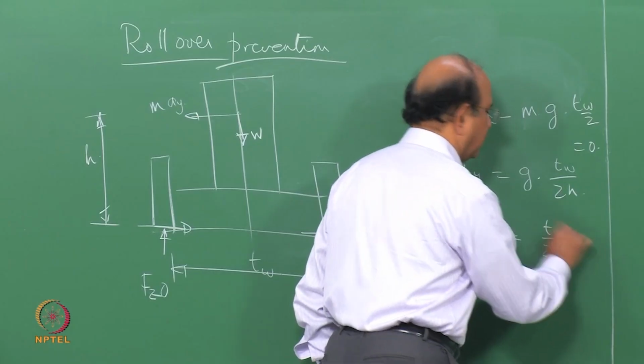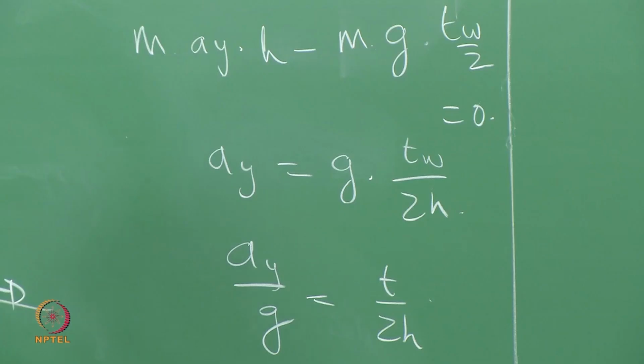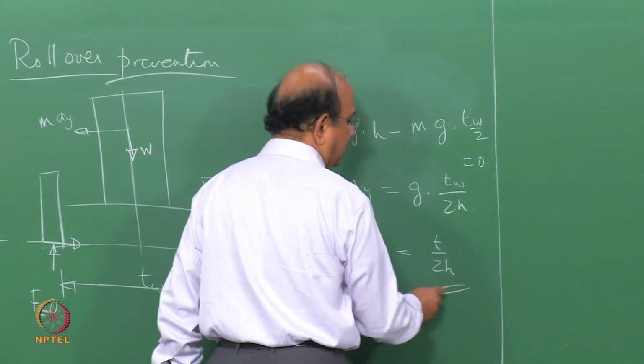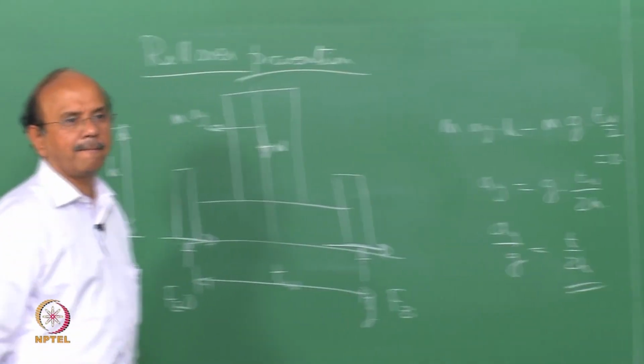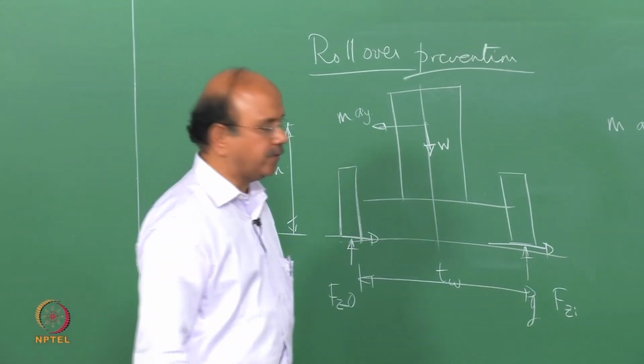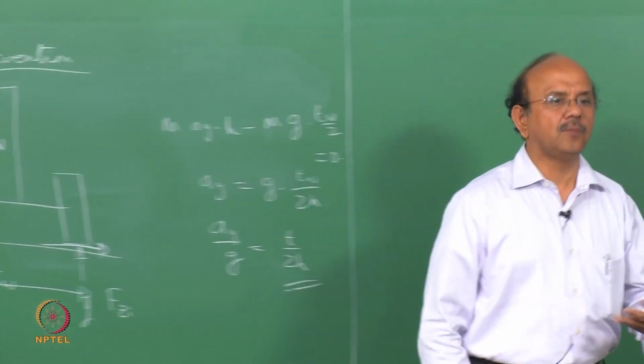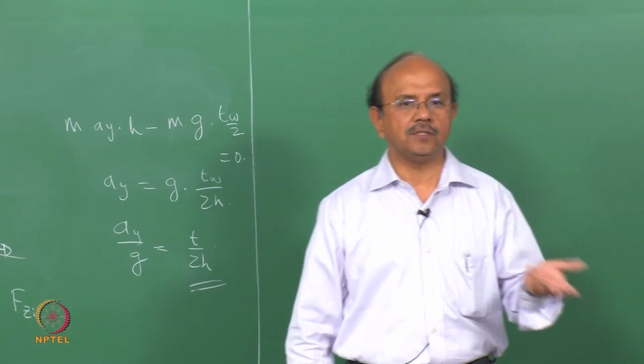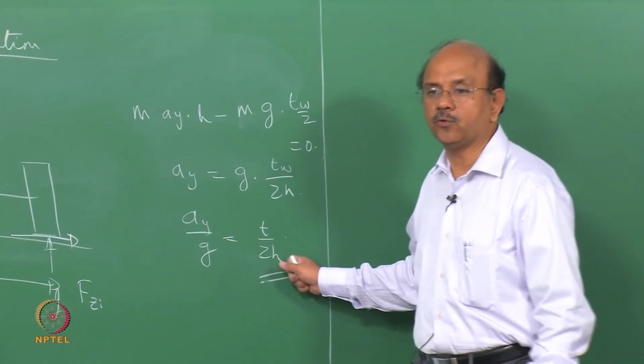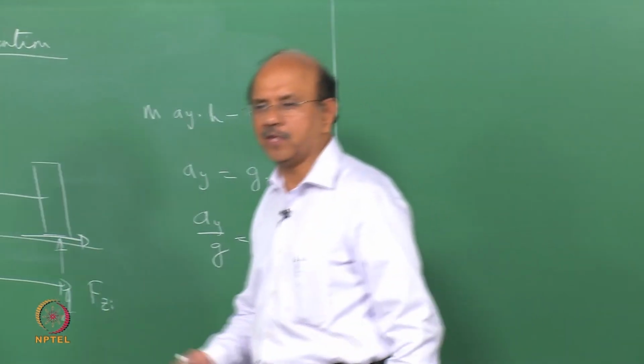The first thing that our commercial vehicle guys who carry those lovely cars have to do is to check what their T by 2H ratios are. You would be surprised, we have done this calculation, to know that this is 0.22, 0.23 G. In other words, T by 2H is about 0.22, 0.23, very, very low.